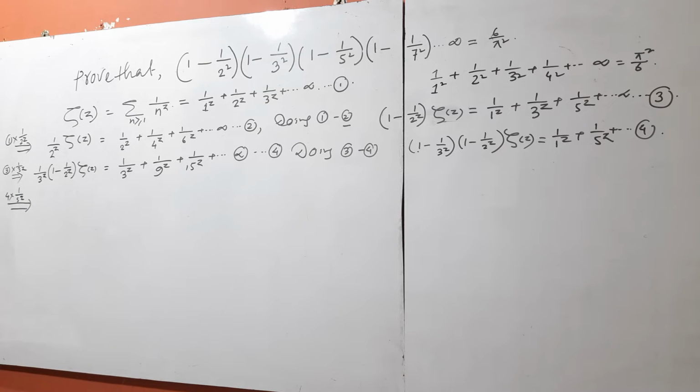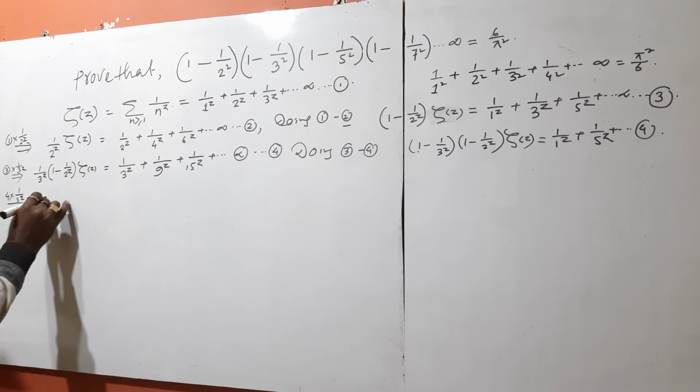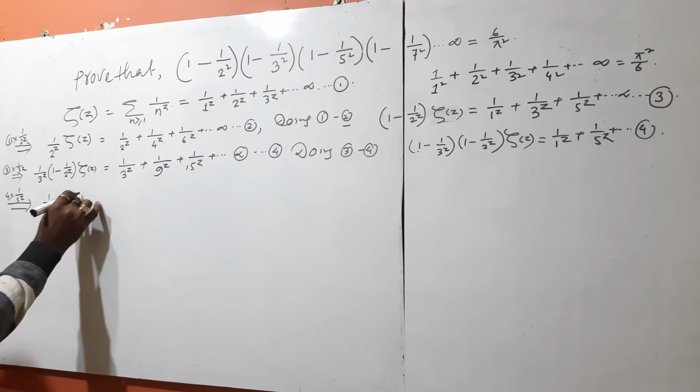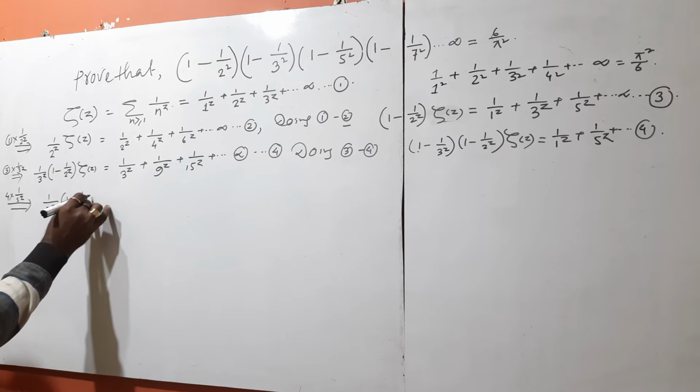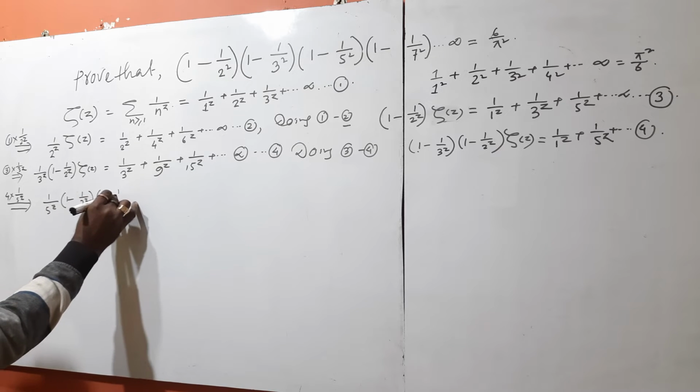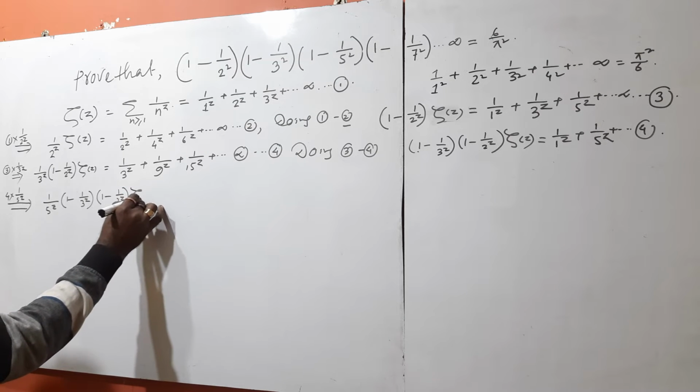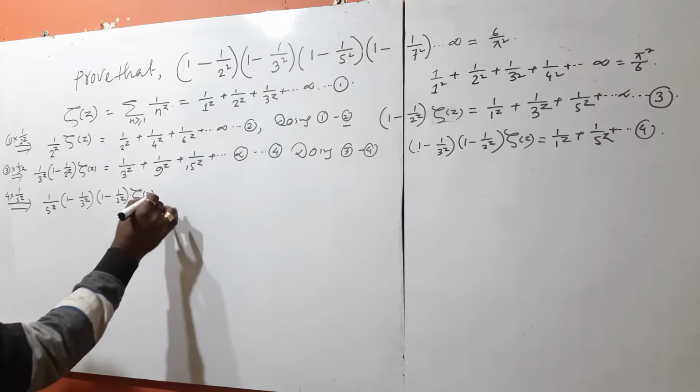Okay, so see, this is 1 over 5 to the power z times 1 minus 1 over 3 to the power z times 1 minus 1 over 2 to the power z times the Riemann zeta function of z.